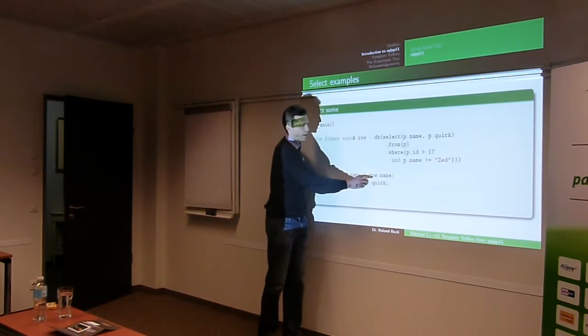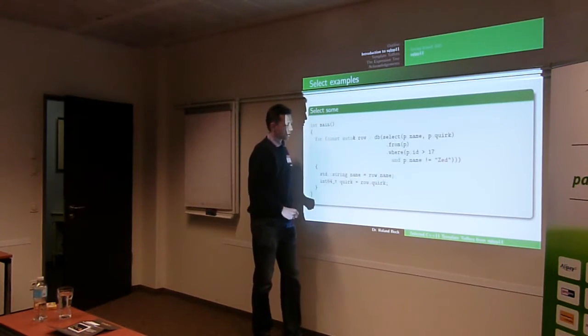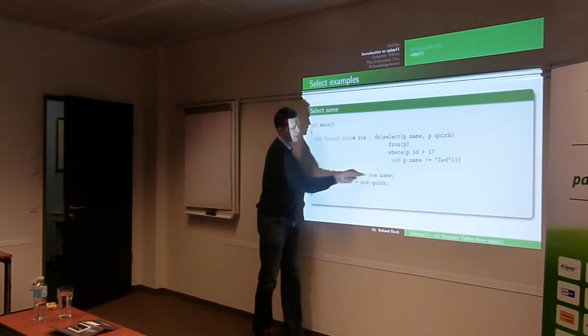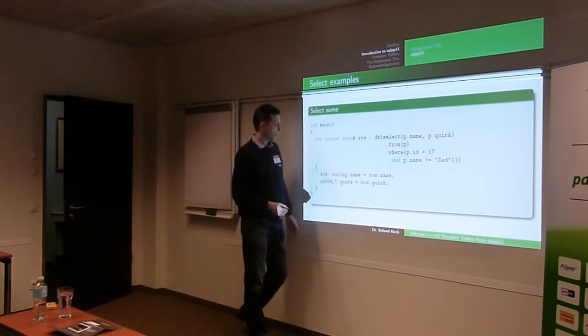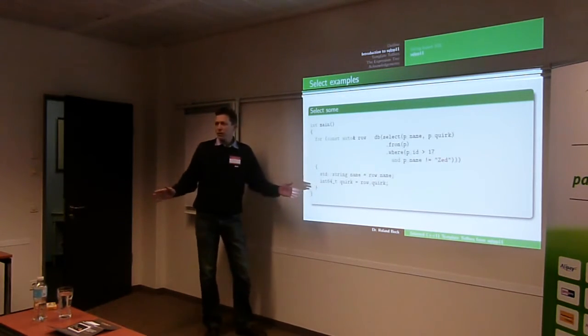So the row has a member called name, and this corresponds to a string value. So you can assign this to a string, but you cannot assign this to an int, for instance. Does that make sense? Questions about that? Okay.